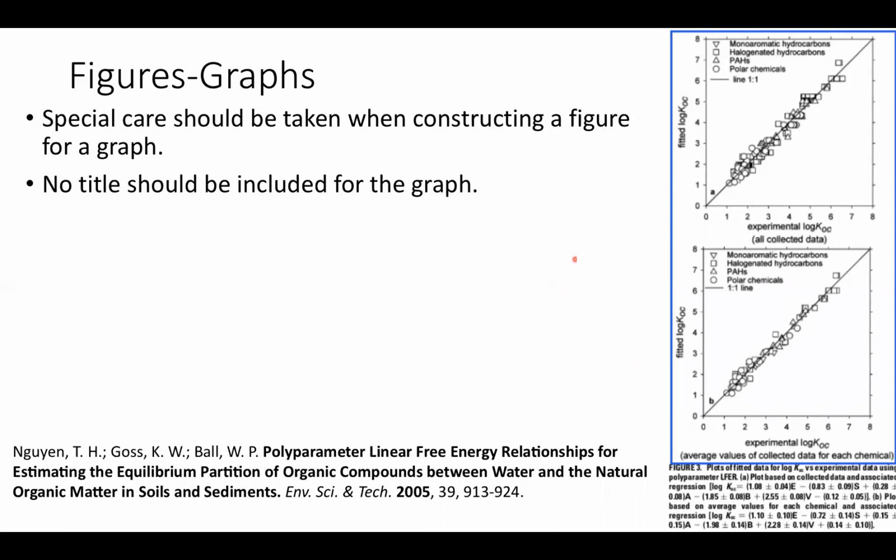First and foremost, if you have a set of graphs, there is going to be no title for the graphs. All of the information is going to be provided in the caption, as well as the axis labels.